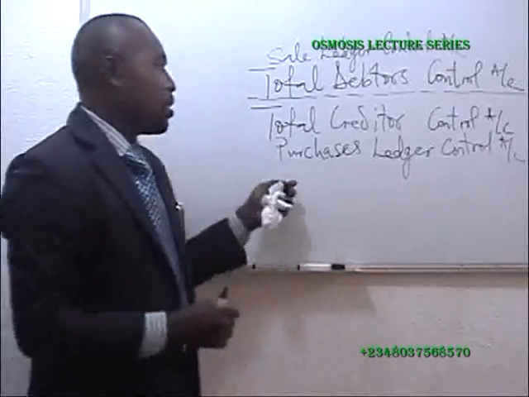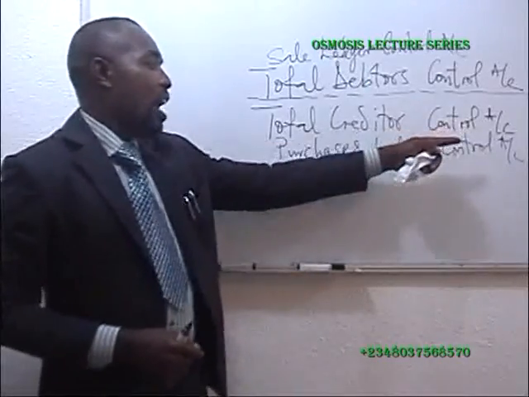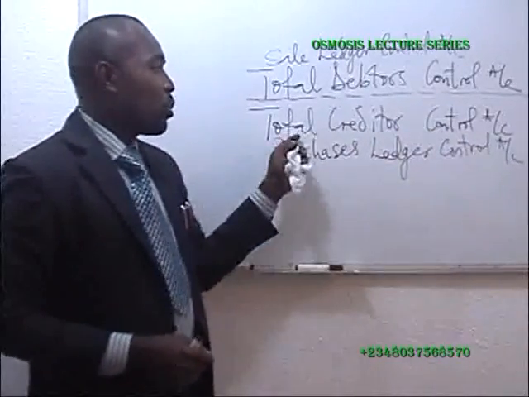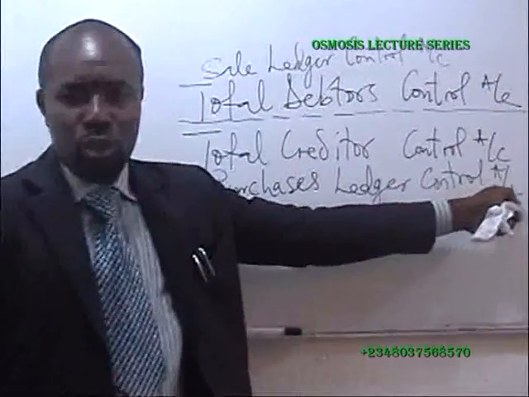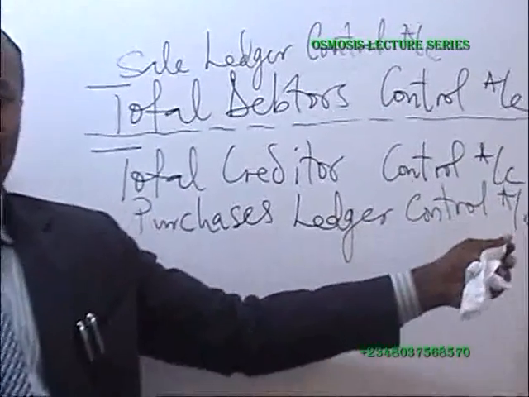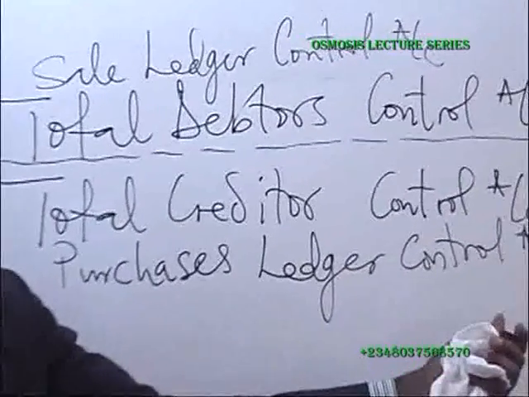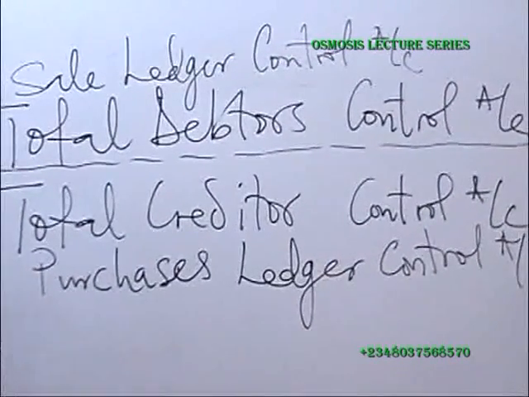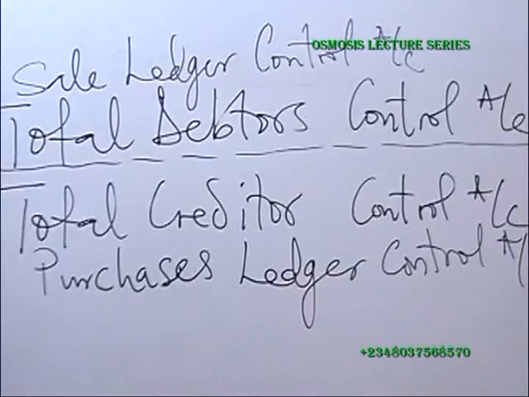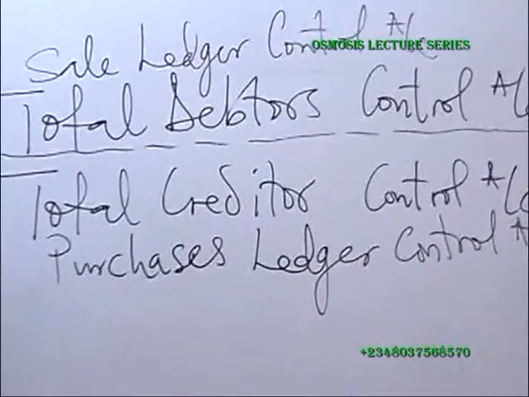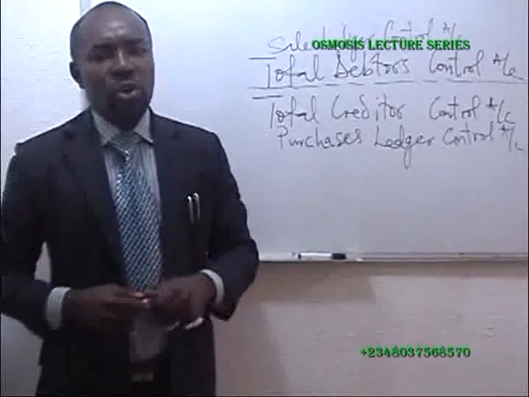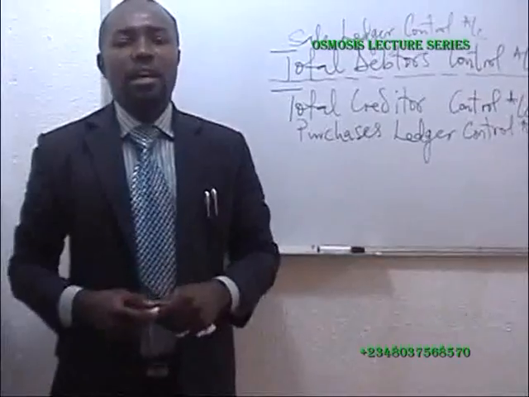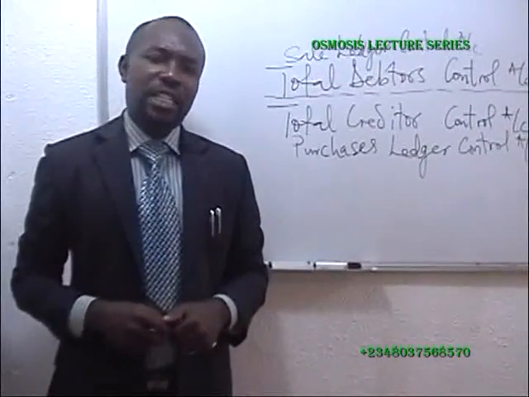The same thing, the total creditors control account is also called the purchases ledger control account. These are the two accounts. So the purchases ledger control account is also prepared to check the accuracy of the total creditors as it appeared in the personal ledger.